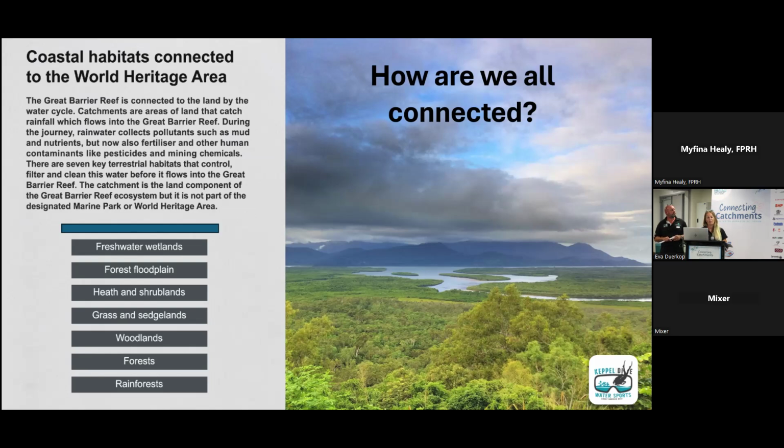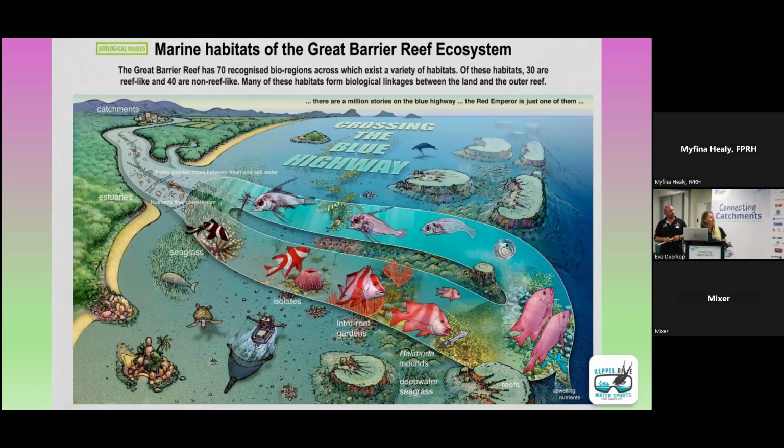There are 7 key terrestrial habitats that flow, filter, and clean this water before it flows into the Great Barrier Reef. The catchment is the land component of the Great Barrier Reef ecosystem, but is not part of the designated marine park or World Heritage Area. This is a great little graphic here again, just what everyone's been talking about this morning, which is great. So you've got the catchments up the top there, flowing down the estuaries into the reef there.